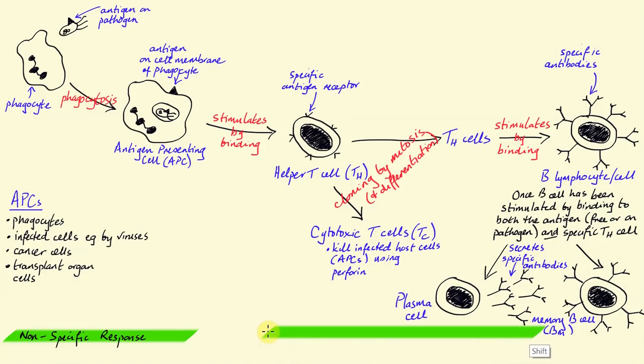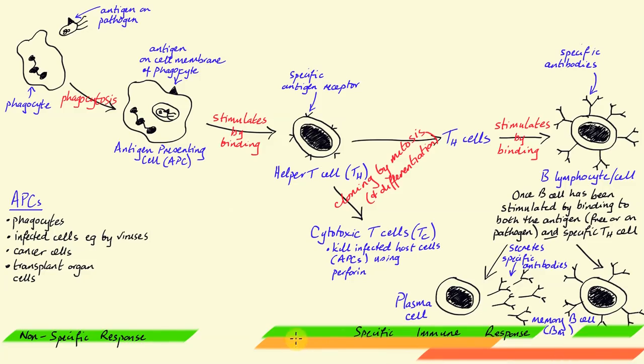The involvement of T cells and B cells are the specific immune response. But the T cells bring about the cell-mediated response, and the B cells bring about the humoral response because it's involving the production of soluble antibodies.